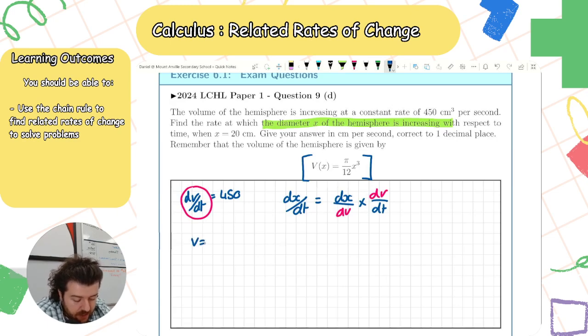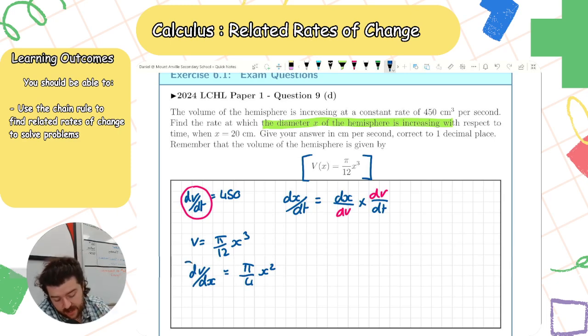The volume is equal to pi over 12 x cubed. dV/dx is equal to pi over 4 x squared. That is dV/dx.